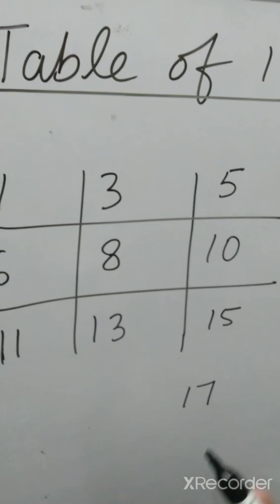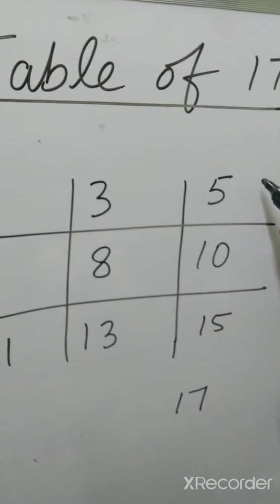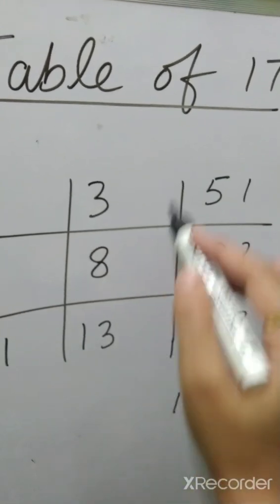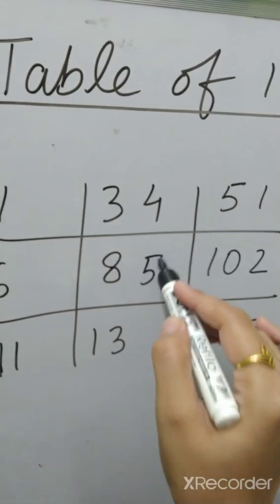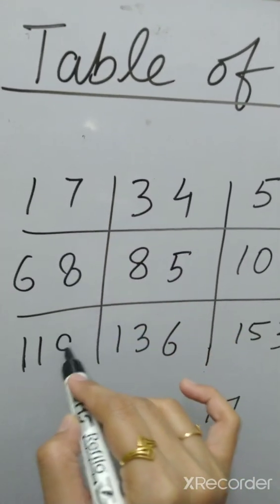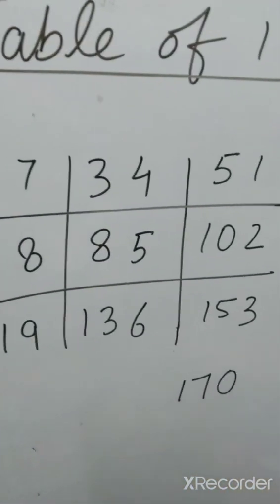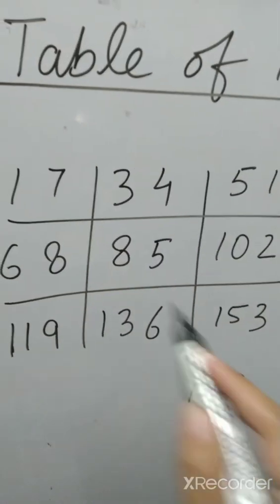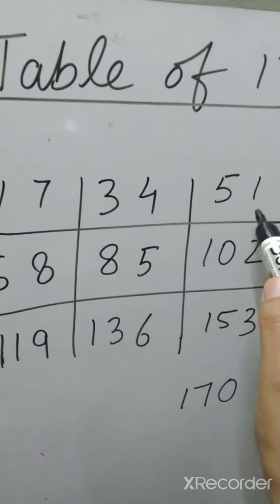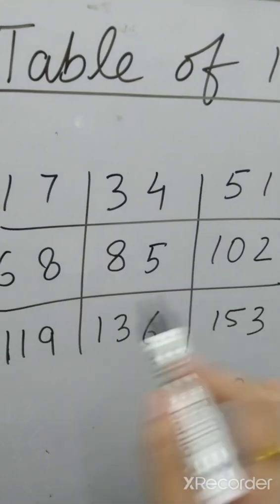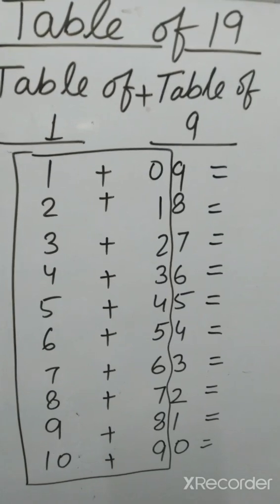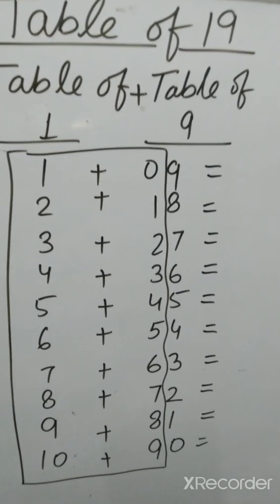Now you have to write simple counting starting from here. 1, 2, 3, 4, 5, 6, 7, 8, 9 and the 0 of 10 you put here. So that is the table of 17. 17 ones are 17, 2s are 34, 3s are 51, 68, 85 and there you go with the table of 17.